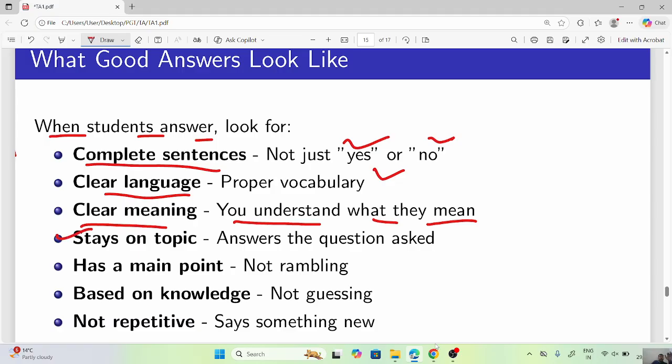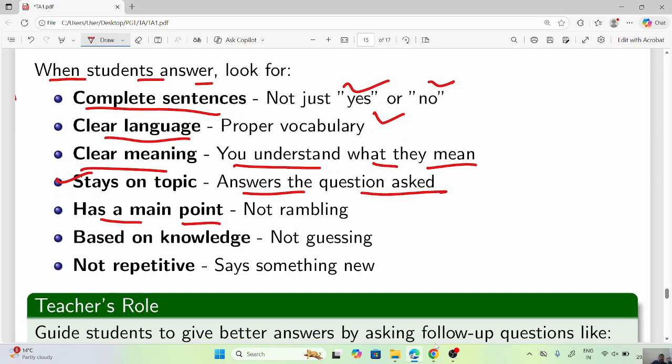Stay on topic, means answer the question asked. Has a main point, means not rambling. Based on knowledge, means not guessing. Not repetitive, means say something new.